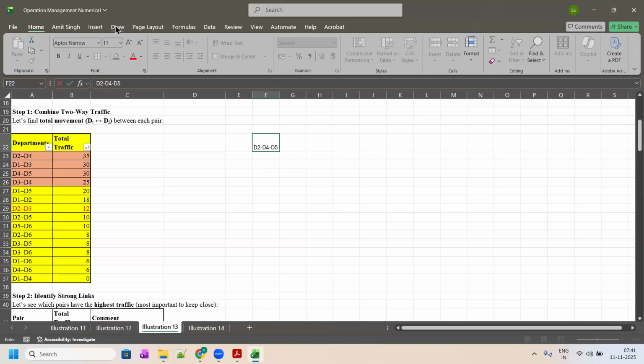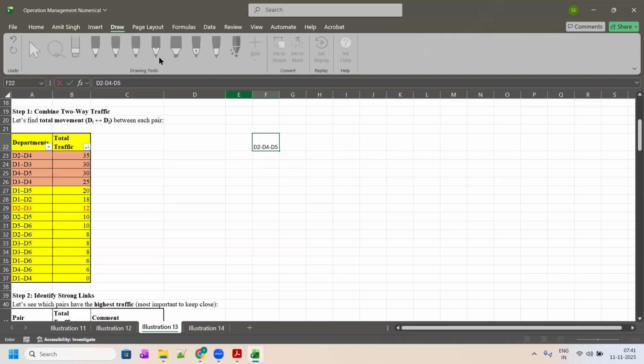If I write, I cannot draw, so like from D2 to D4, then from D4 to D5, and then from D5 to D1.